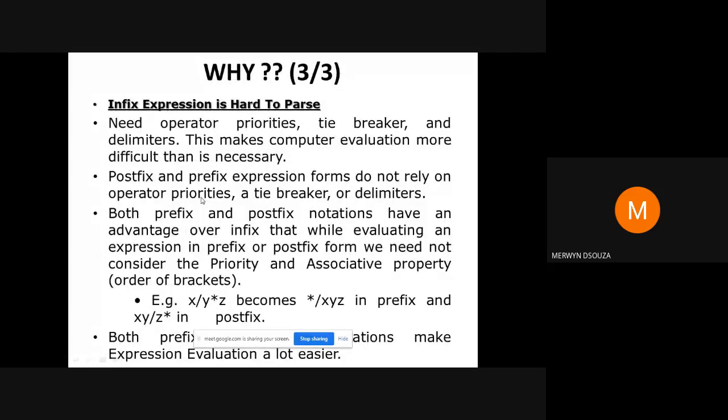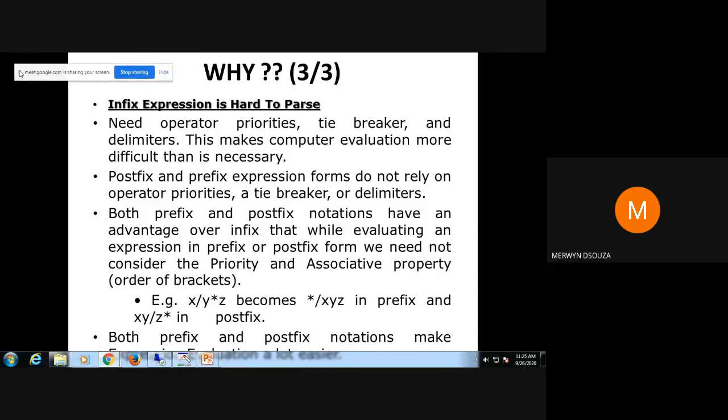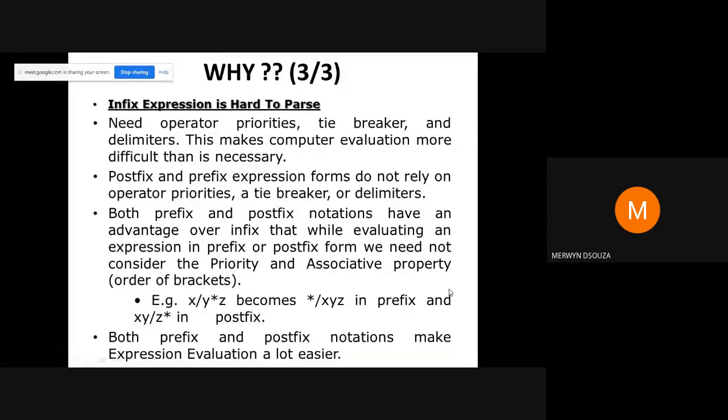And the third reason is this. You can just read through. I basically told you about all these things, so you can just read all this. If at any point you have a doubt, you can ask me.